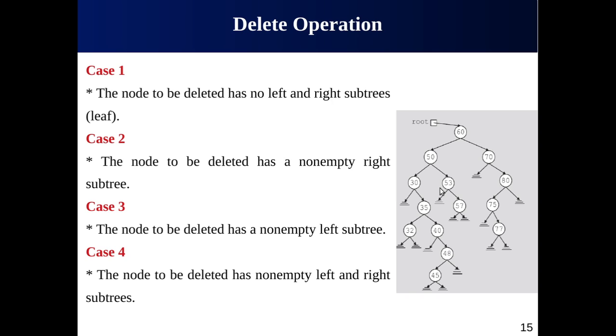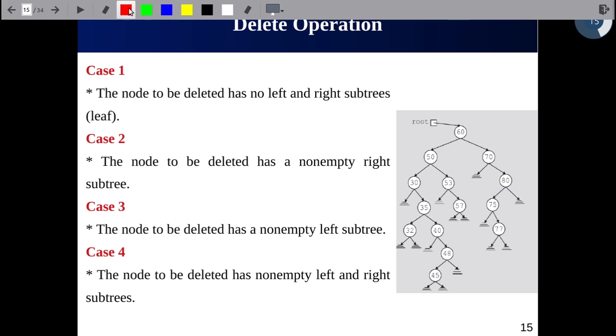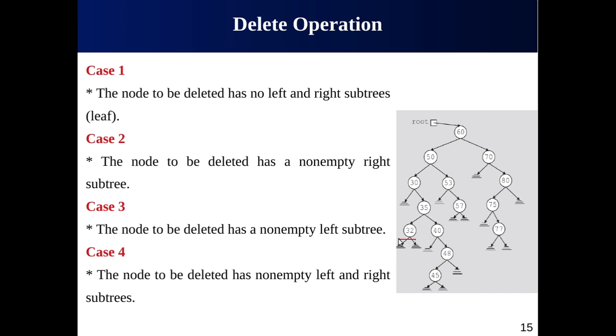That is, the node to be deleted is actually a leaf node. You know, in tree terminologies, a leaf node is any node that has no child. In this tree, 32 is a leaf node. Let me highlight them. 45 is a leaf node, 77 is a leaf node, and 57 is also a leaf node.